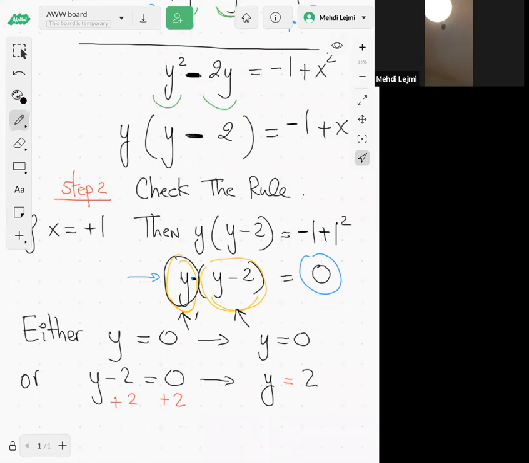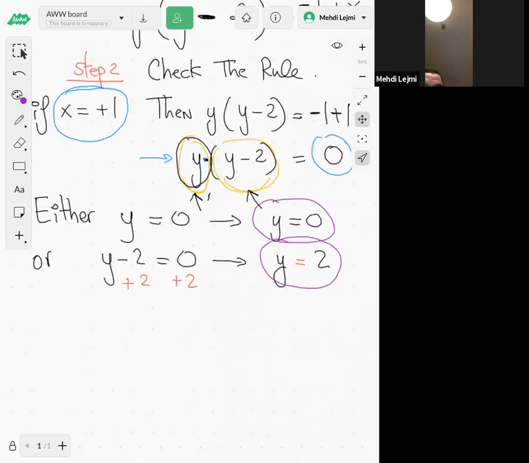So what I'm saying here, guys, is that if my input x is positive 1, I got two possible outputs, y equal to 0 or y equal to positive 2. So let me write down what I just said.